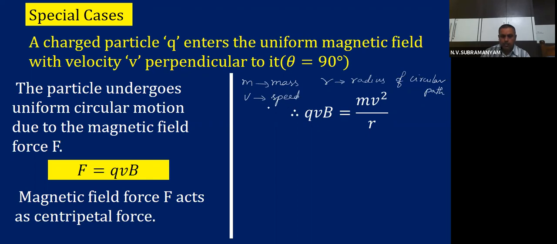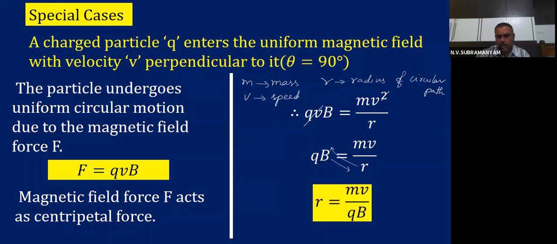So now we know that the magnetic field force QVB acts as centripetal force. So QVB must be equal to mv square by r. Then if I cancel one v on both sides, how much am I left with? mv by r is equal to QB. R you take to the left side, QB you bring to the right side. Bring this down, take this up. Then R is equal to mv by QB.